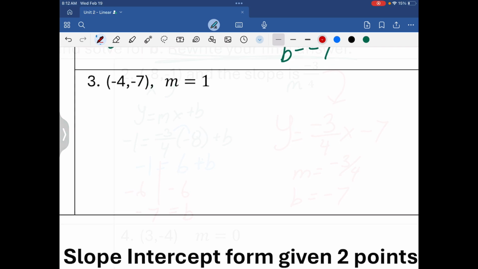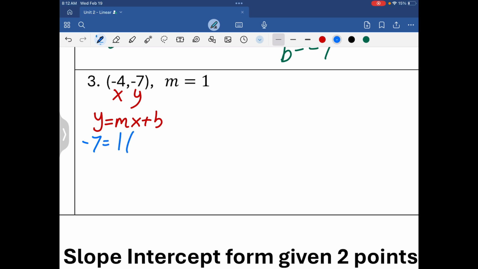So let's go ahead and look at the next. All right, our next one. So we have (-4, -7), and it tells us m equals 1. So there's my x, there's my y. Let's plug it into our slope-intercept formula. Okay, y is -7 equals m is 1, x is -4 plus b. Notice that when I plug them in, the variables go away. So we need to go ahead and multiply. -4 plus b equals -7.